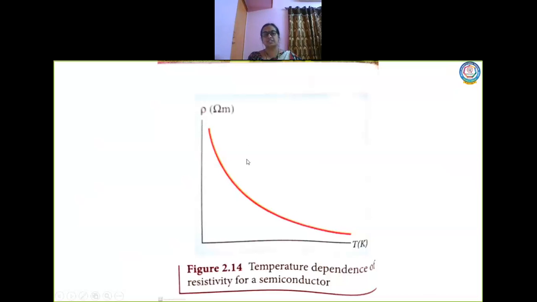The graph is decreasing. When you increase the temperature, the resistivity decreases. This is in the case of a semiconductor. Is it clear, children? Based on this, they have given a tabular column which talks about the temperature coefficient values of different materials.